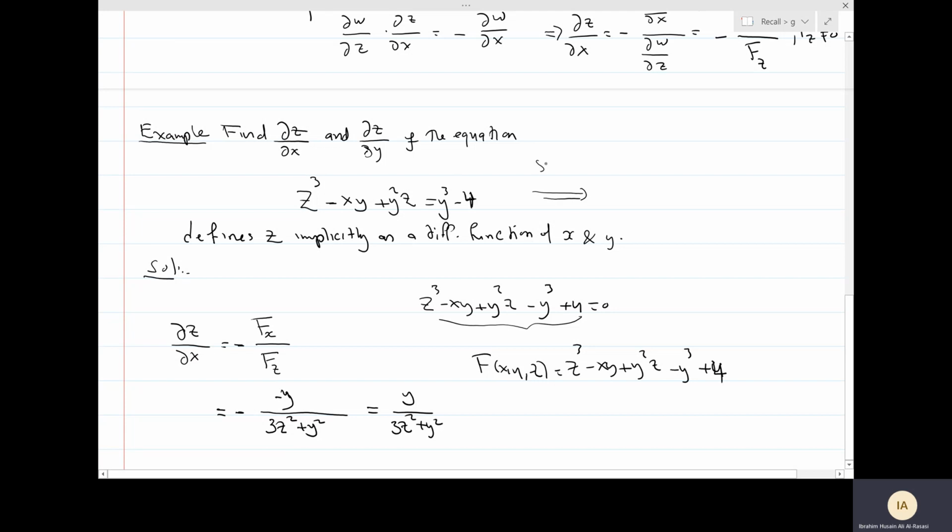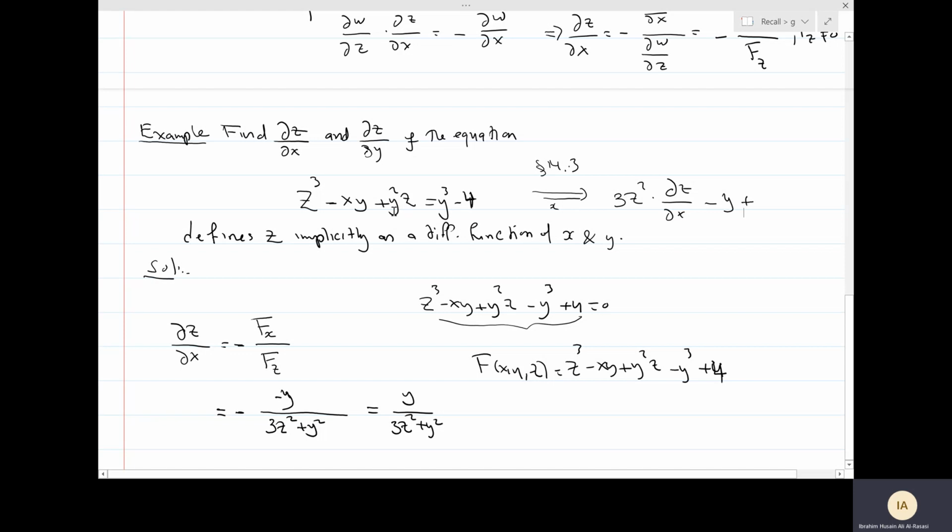This is section 14.3 as we did, which is the same as Math 101. So I differentiate with respect to x, looking at y as a constant and z as a function of x and y. So derivative of z cubed with respect to x will be 3z squared partial z partial x, minus derivative of xy with respect to x, y is constant, so minus y, plus derivative of y squared z with respect to x.